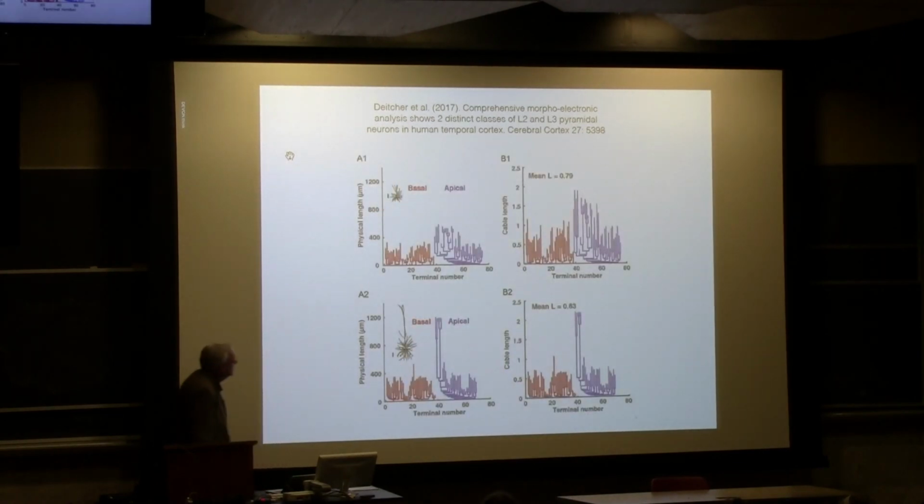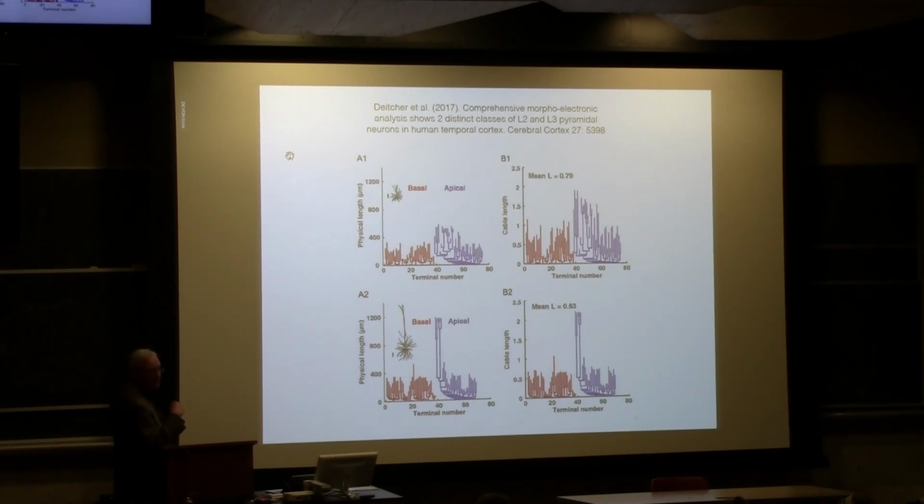What does that mean? Here they plot the physical length of these dendrites for cells at 2 different locations within temporal cortex. They find a population of cells that have shorter dendrites, a population that tend to have longer dendrites, and they computed the length of the equivalent dendritic cylinder representing those dendritic trees.